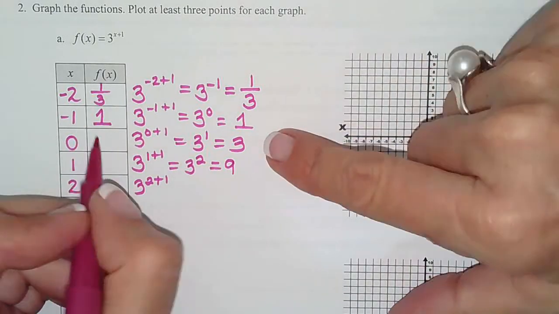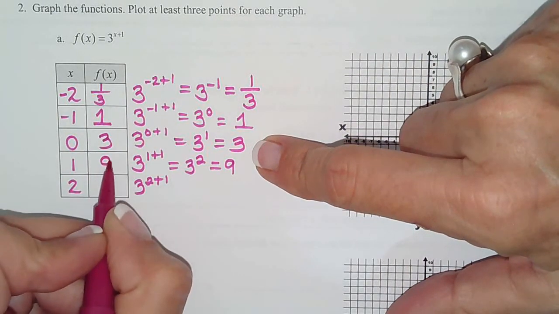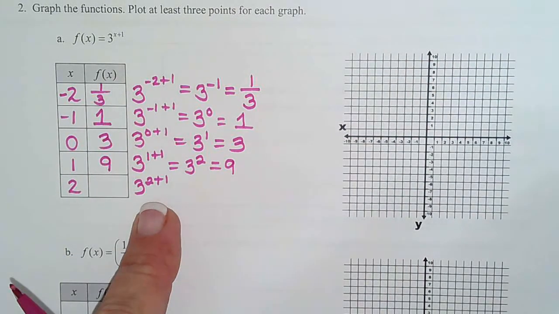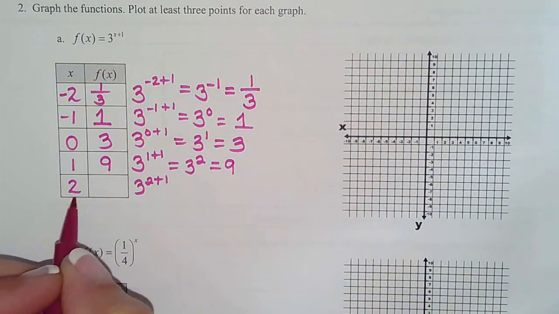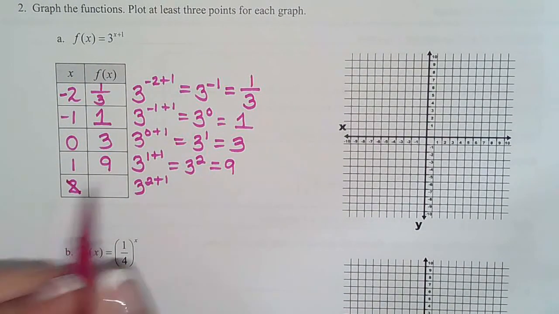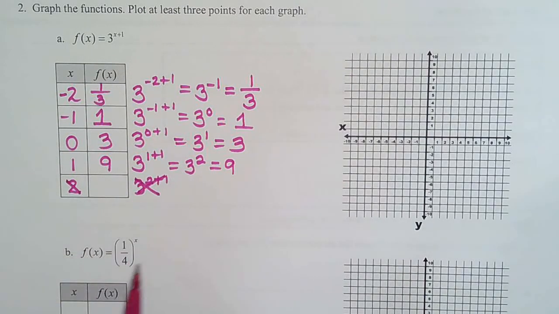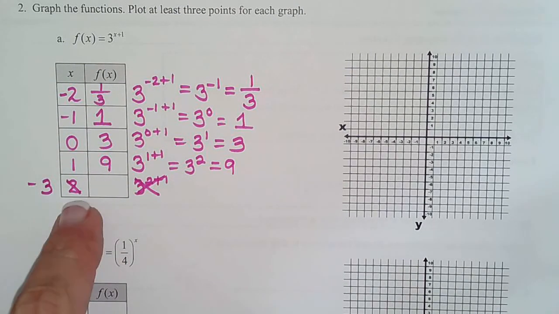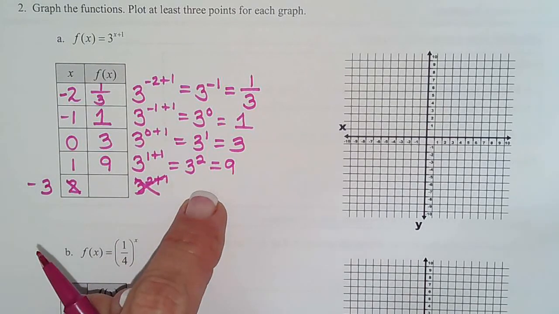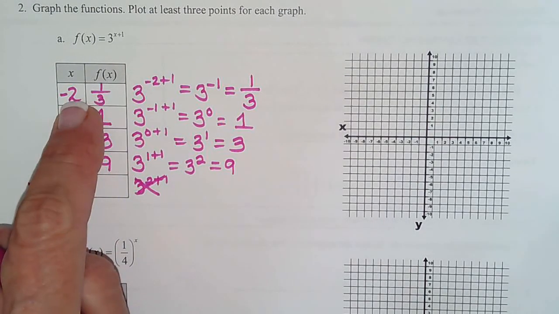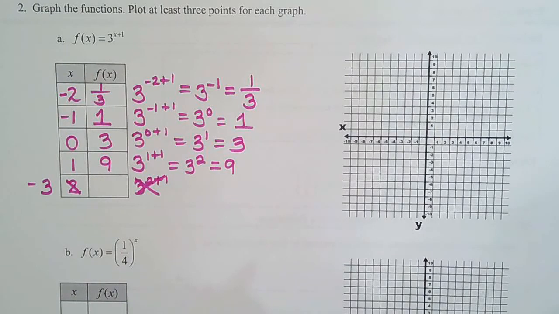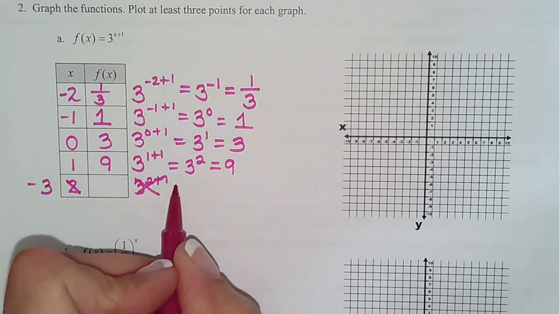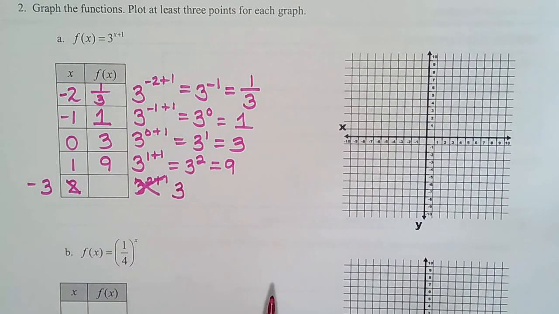Whoops, let's fill in these numbers. This is what I mean by sometimes you have to adjust. This is going to be 27, 3 to the 3rd. So that tells me, no, let's not do 2. Let's do maybe -3 instead. 3 to the 3rd is 27. That was going to be too big, so I went on the other end and added 1. Okay, and we'll finish this up on the next video.